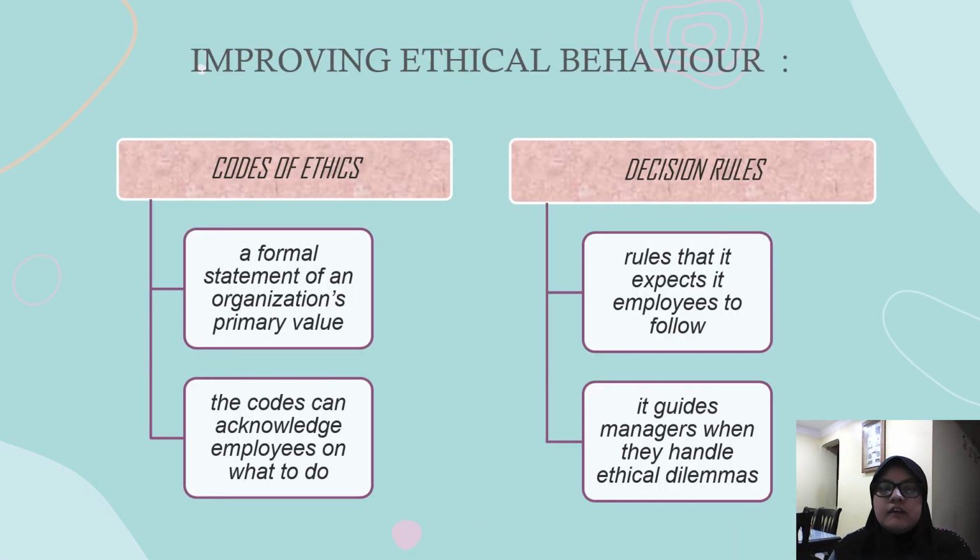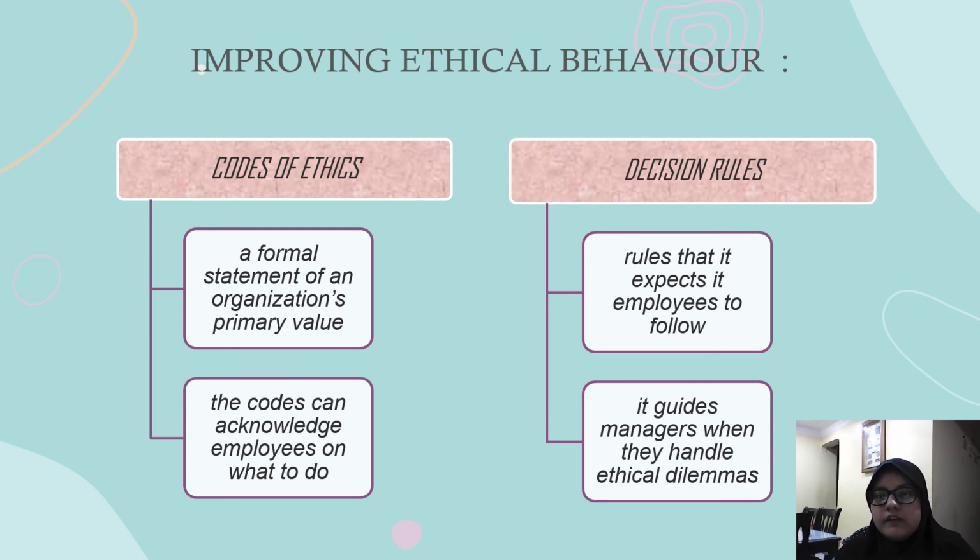The second subtopic of ethics, corporate social responsibility and decision making is improving ethical behavior. There are two ways to improve ethical behavior: a code of ethics and decision rules.